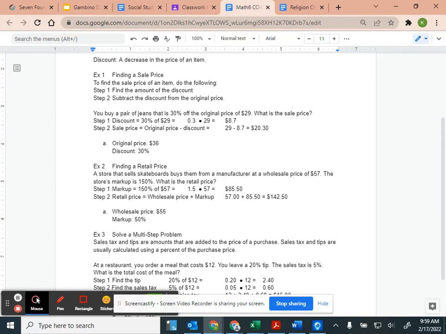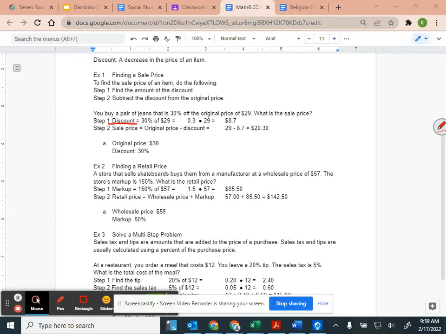So we buy a pair of jeans that is 30% off the original price of $29. What is the sale price? So the first thing we do is to find the discount, find that decrease. So how did we do that yesterday? How did we find our decrease? We can't subtract yet. We have to find how much we're going to subtract. Brielle?